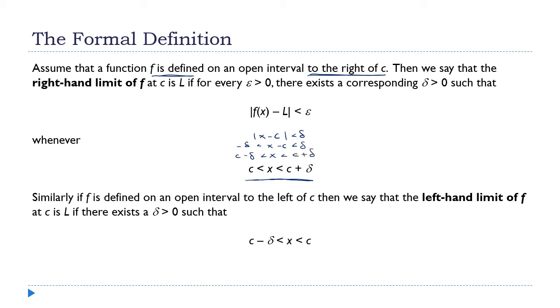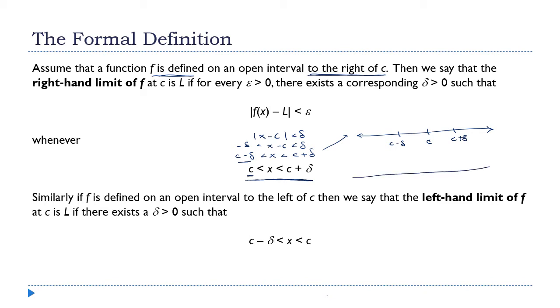Okay, so in other words, this definition is saying take our point c and go up delta and down delta, and that's the interval that we care about, the open interval. This one is saying, no, look. Instead of going down to here, we're going to stop at c.